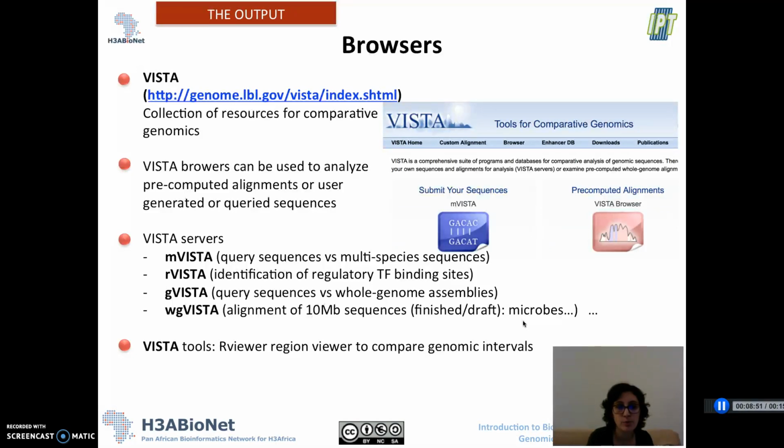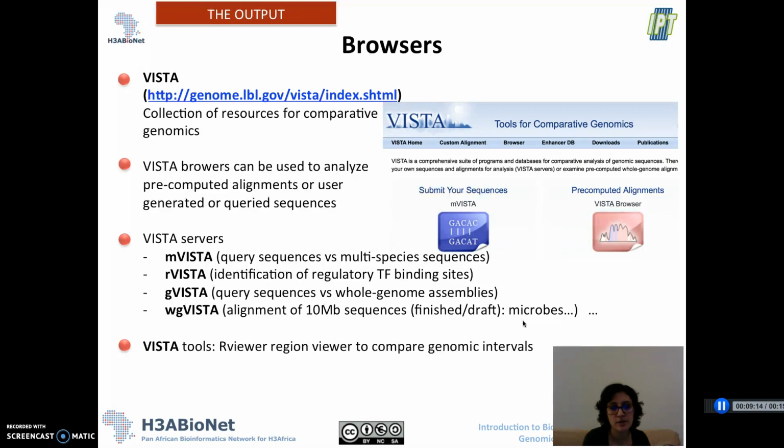You have different options. You can query sequences against multi-species sequences through mVISTA. You can identify regulatory transcription factor binding sites through rVISTA. You can query sequences versus whole genome assemblies through gVISTA, etc. You have a lot of them.